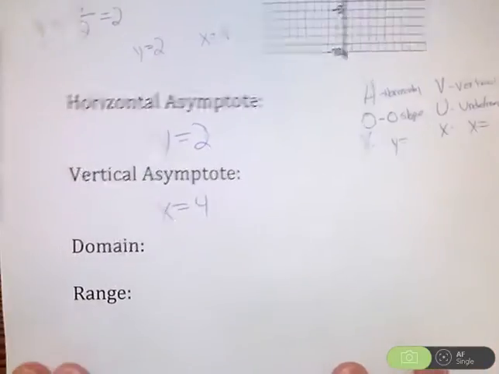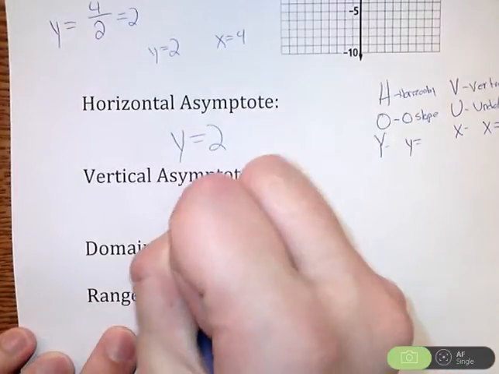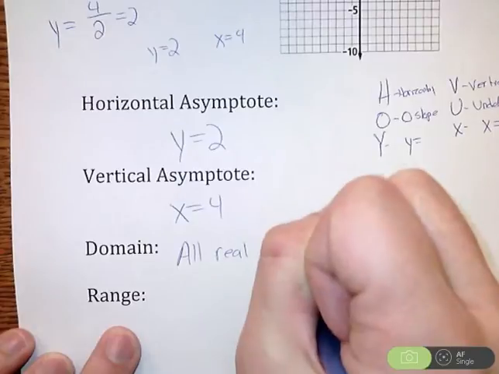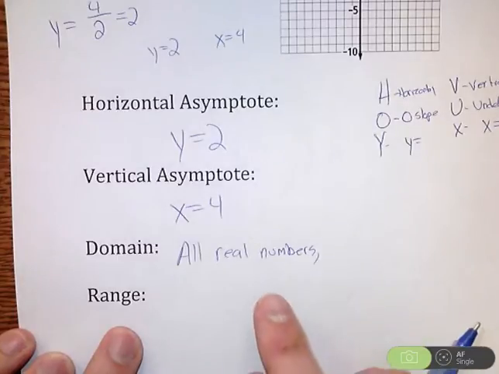Since I'm just here already, we can go ahead and talk about the domain and range. The domain is always going to follow the pattern of we're going to have all real numbers for rational functions, except remember, asymptotes is something in rational functions that we're not going to cross. So we never cross it, we're going to approach it.